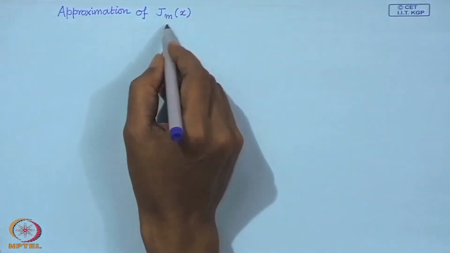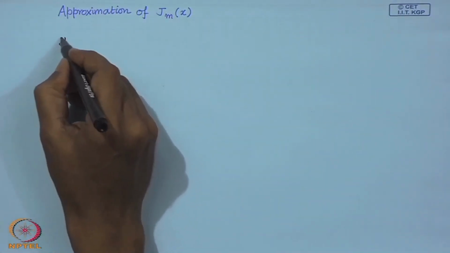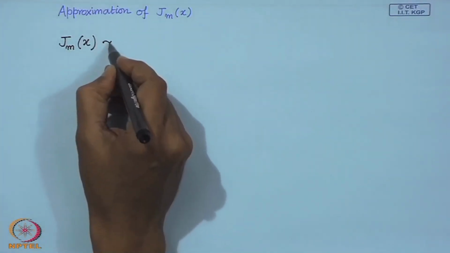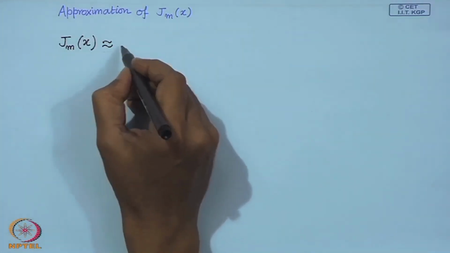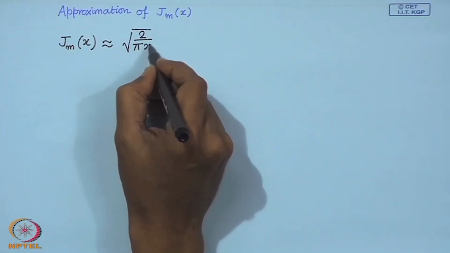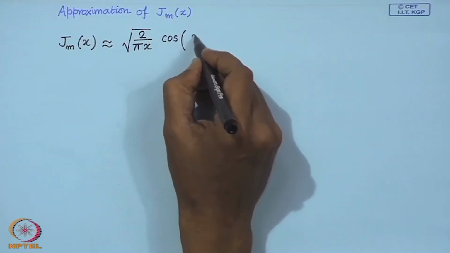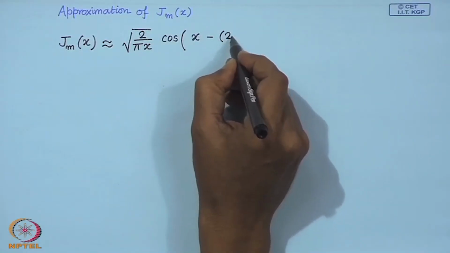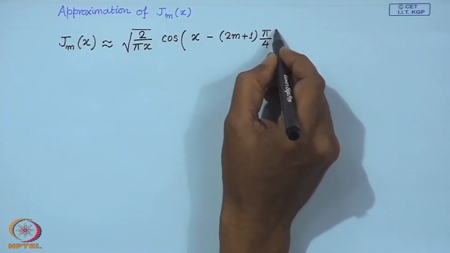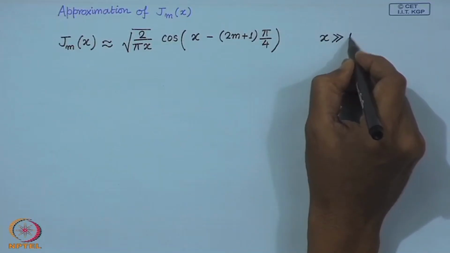So, you can write this approximately as, when x is very large.